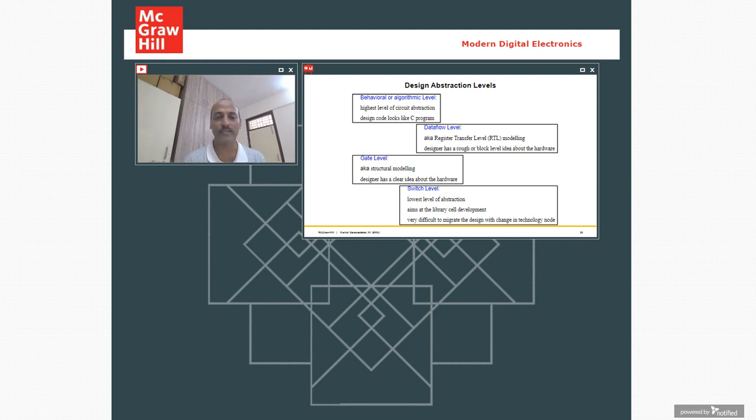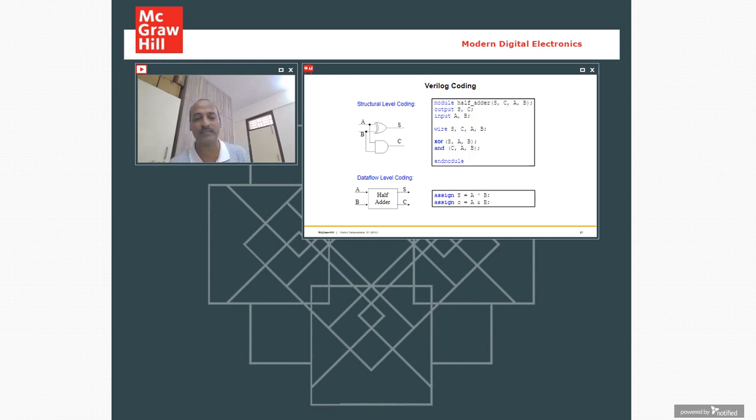It is very difficult for a design engineer to change this library, and as the technology node changes, one has to design the entire library again. So it is not meant for people who want fast designs and a faster design cycle.